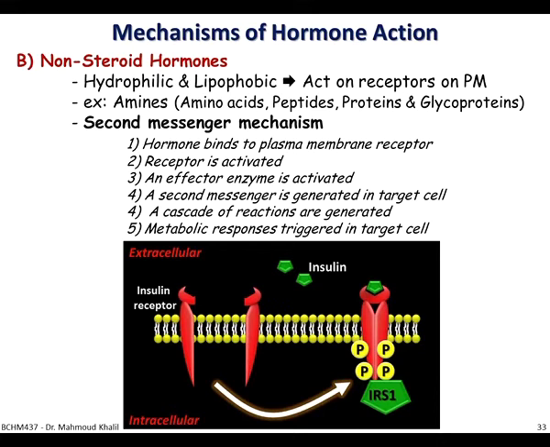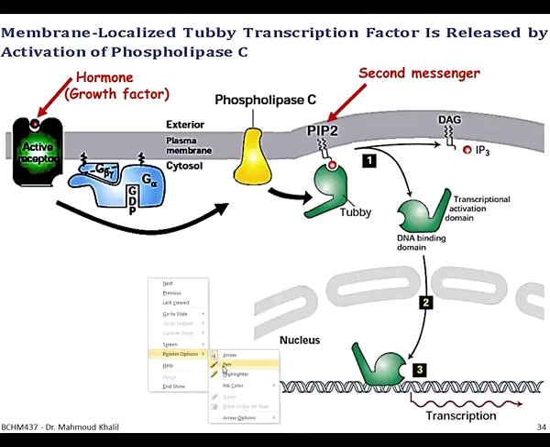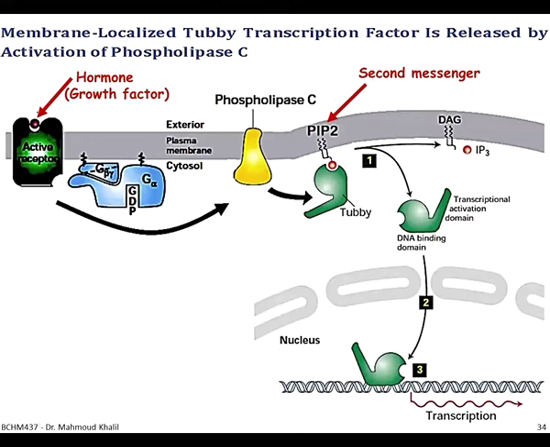To give a very clear example about the process of hormone action for non-steroid hormones, we will take 2 examples. In the first example, you can see the receptor bound to the signal. And of course, as we said, this signal is lipophobic, so it cannot penetrate the cell membrane. It needs a plasma membrane receptor.